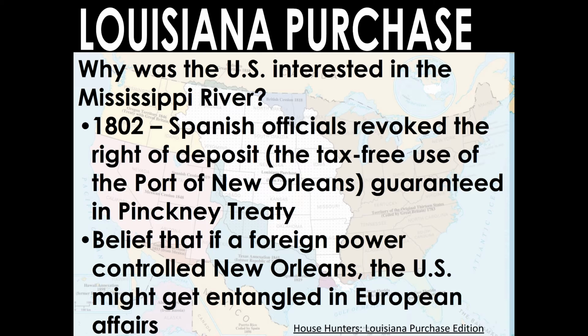So this was really all about getting out of European strongholds, just to get out of another European conflict. So that's why Thomas Jefferson really wanted the Louisiana Purchase, just to prevent any potential conflict that we might have with any European countries like France, Britain, Spain. All right.